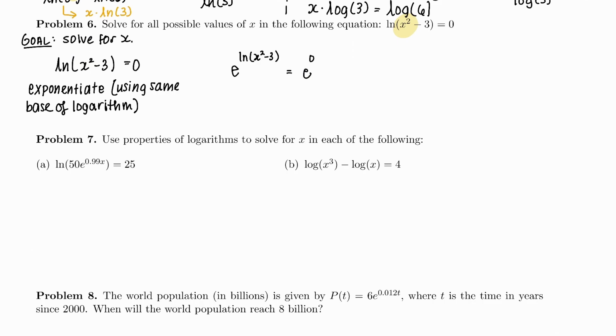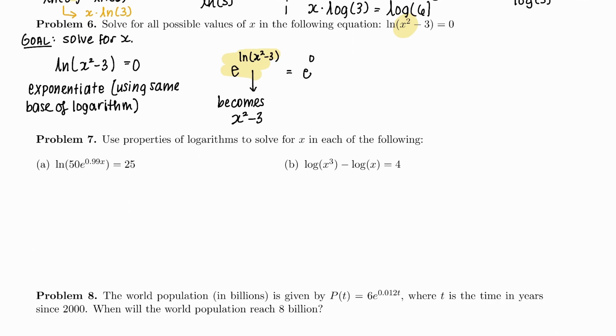As you may already have noticed, I'm having issues speaking today. I take e, raised to the powers of both sides of the equation. And now something nice happens. e to the natural log of x squared minus 3 just becomes x squared minus 3.